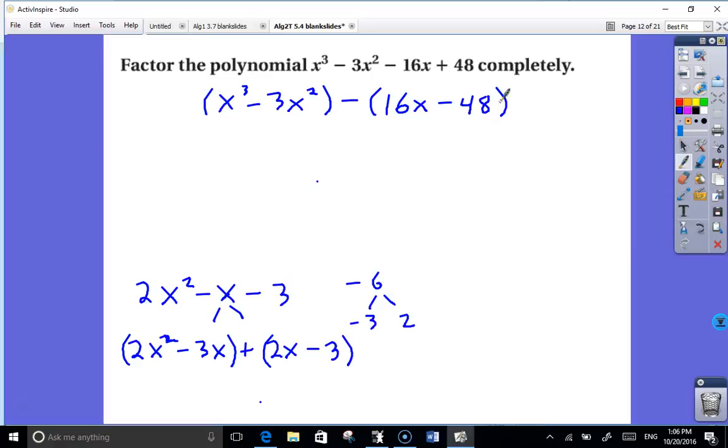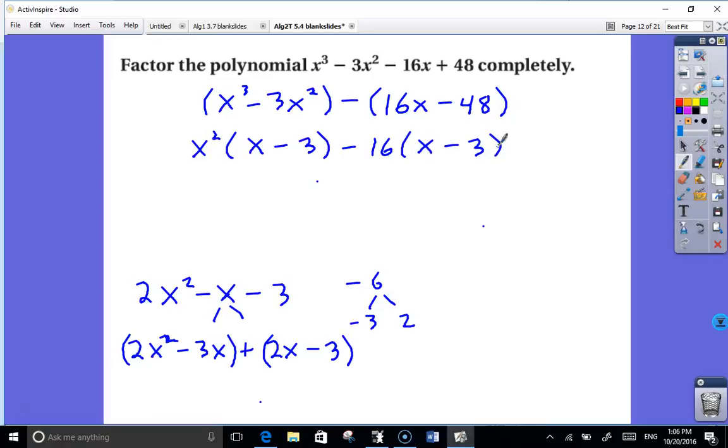Now, greatest common factor factoring on each set of parentheses. What's the greatest common factor for the first set? What's left behind? What's the greatest common factor for the second? 16. And what's left? X minus 3.